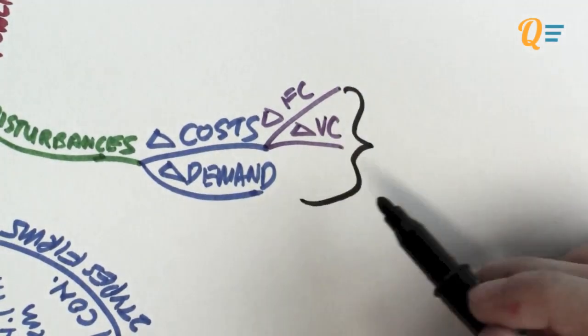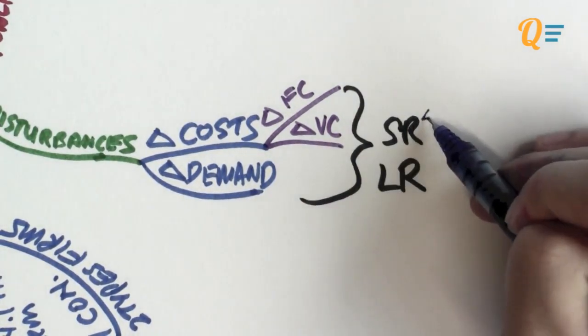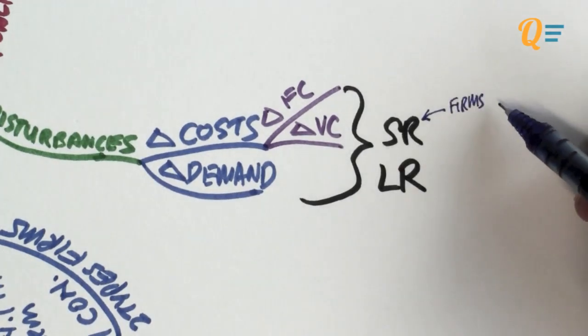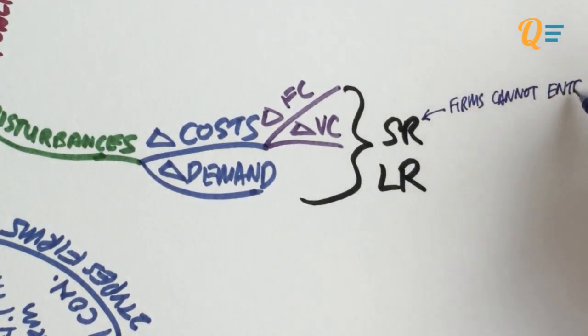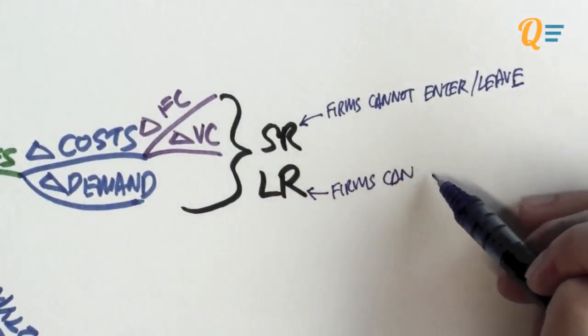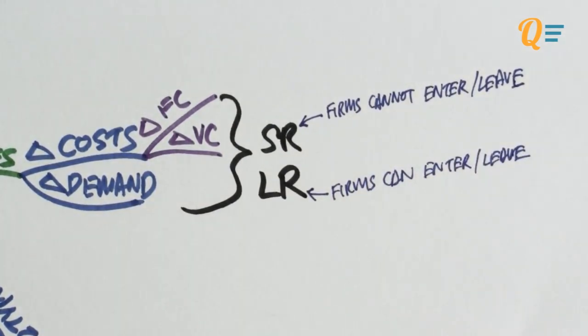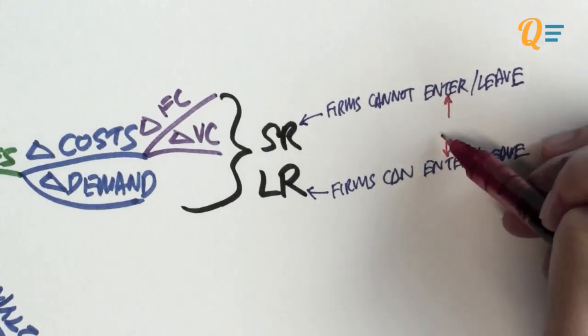Now, regardless of whether there is a change in cost or change in demand, you will have to understand the short run as well as the long run effects of these disturbances in the perfectly competitive market. We know for sure that in the short run, firms cannot enter or leave that industry. In the long run, the firms can do so. Why would firms want to enter an industry?